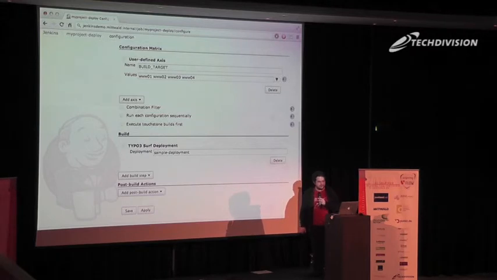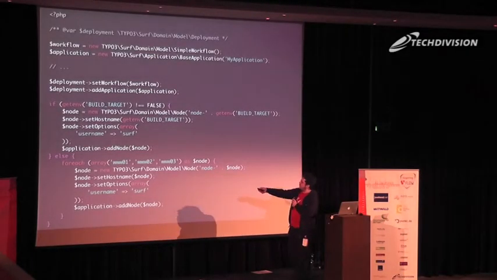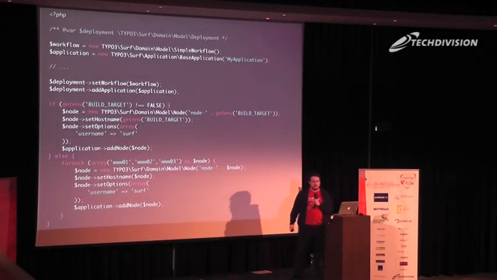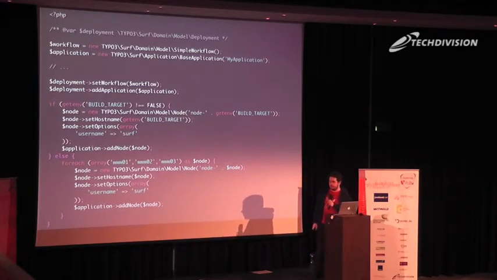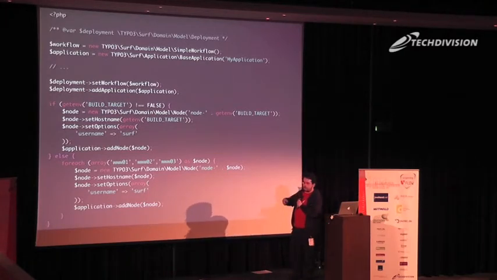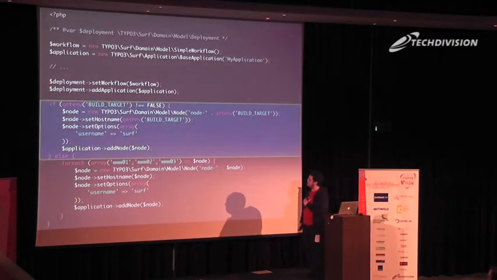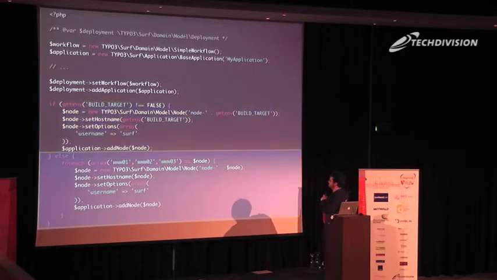This may be crude at first glance, but it works for nearly everything you want to do. So we can query these environment variables in our Surf deployment and then simply deploy to the one node that is specified in the Jenkins build. And to keep it compatible with calling the deployment manually, you might implement a fallback that deploys on all nodes sequentially. Yes, I've already highlighted it.